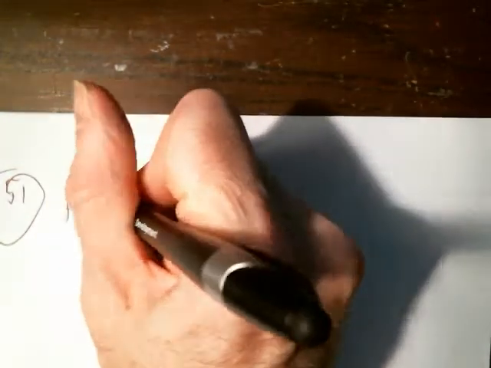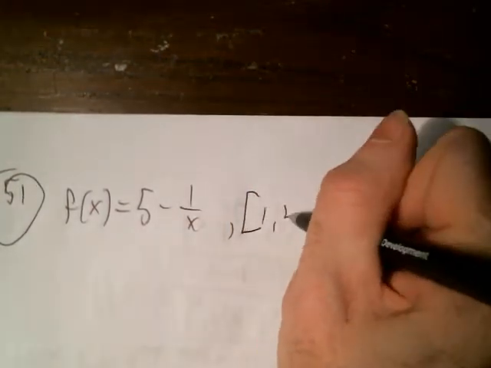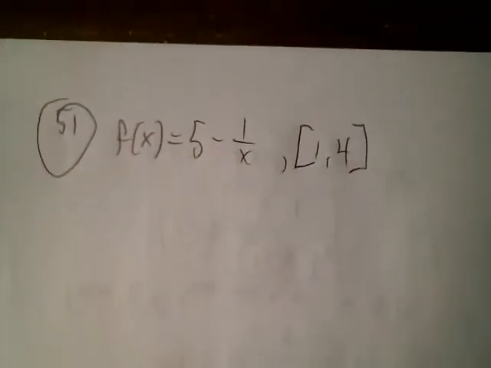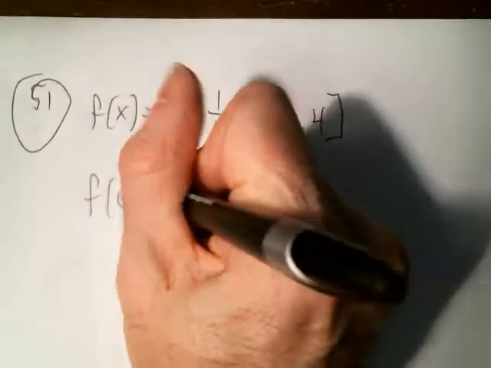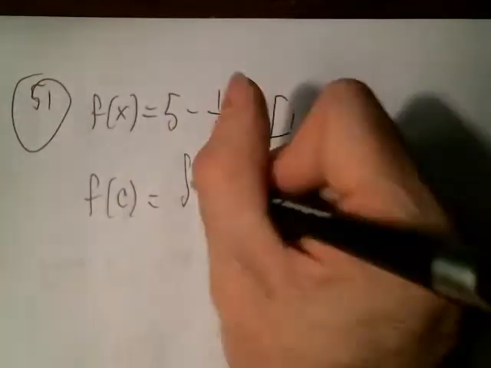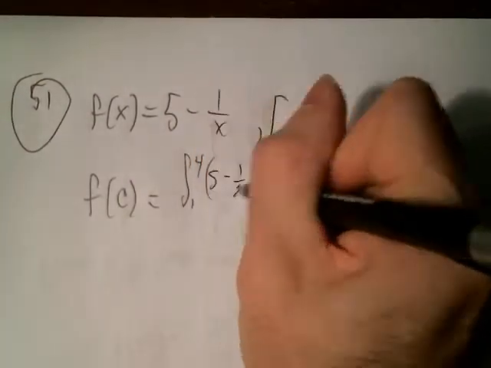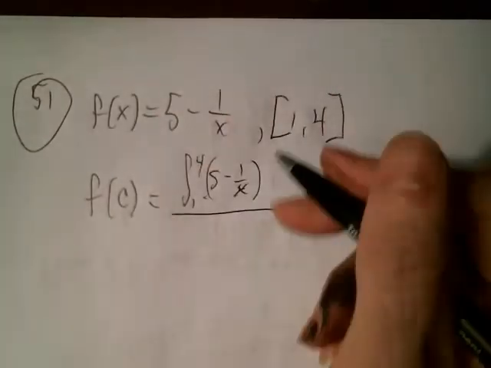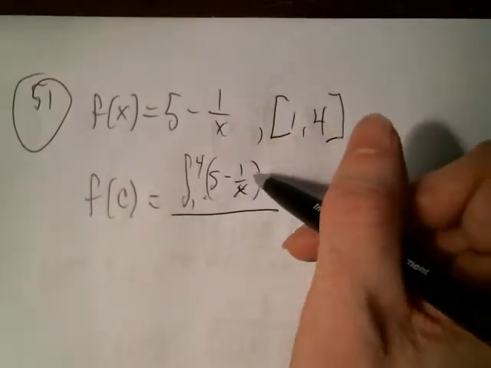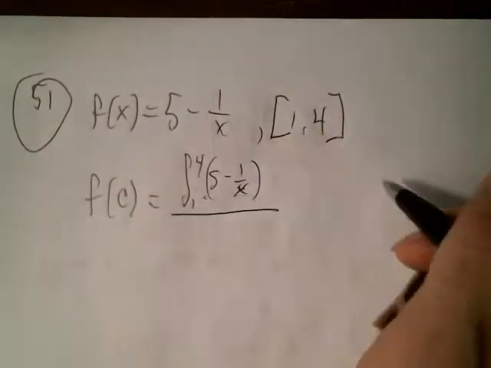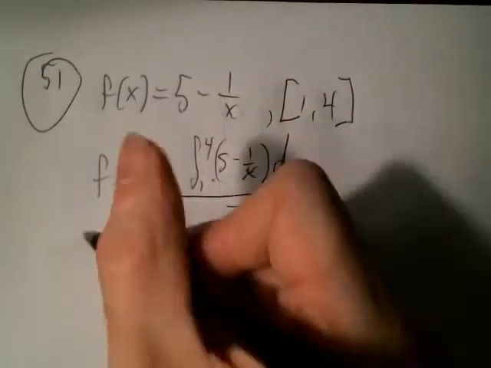So we have f of x equals 5 minus 1 over x on the interval from 1 to 4. We're looking for this c value such that the integral of f of x from 1 to 4, all over 4 minus 1, which is 3, is equal to f of c.